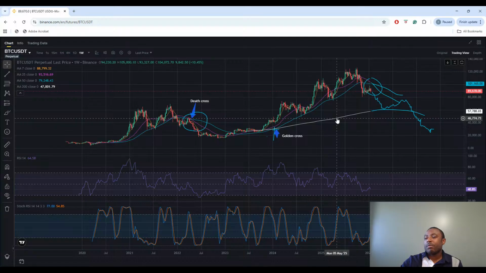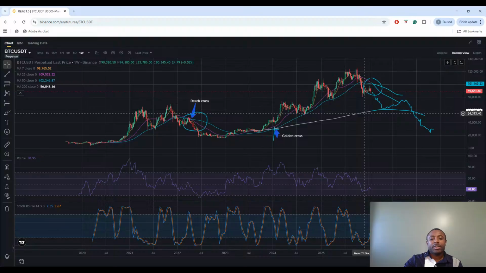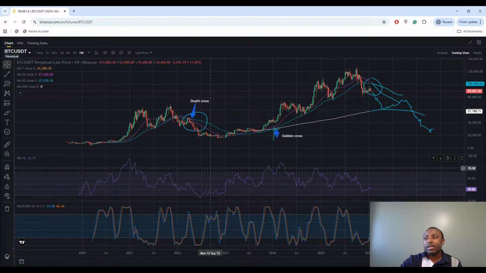The 200 moving average on the weekly chart calculates the average of the closes for the last 200 weeks. Now it's going to just level that number, right? So we say, oh, the average is what? For instance, here it's showing about 57,000.